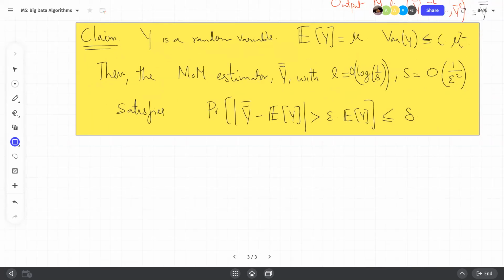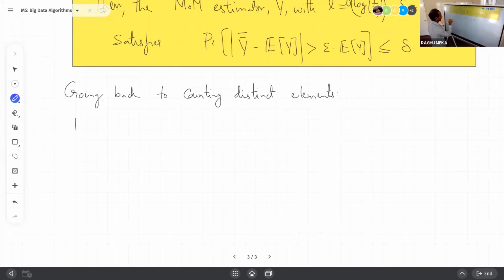Now, if we go back to, so what we'll do is pick hash functions h_{i,j} from the family.